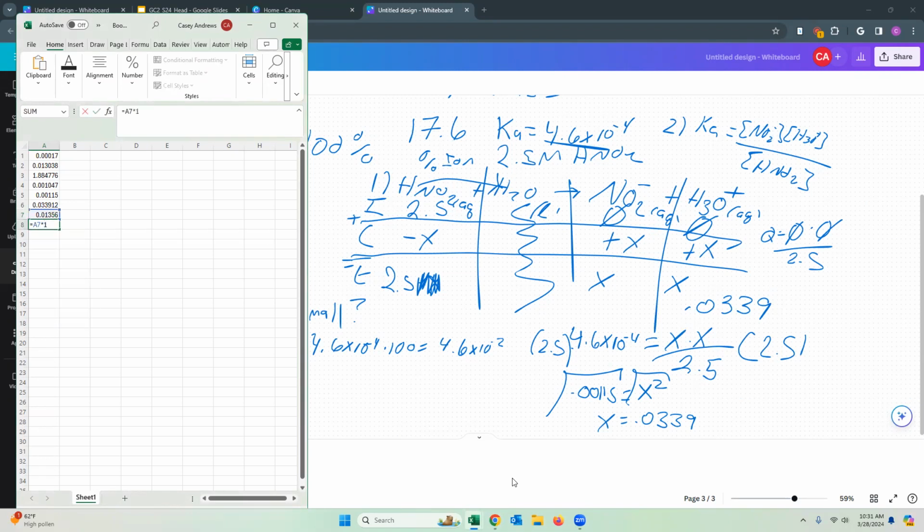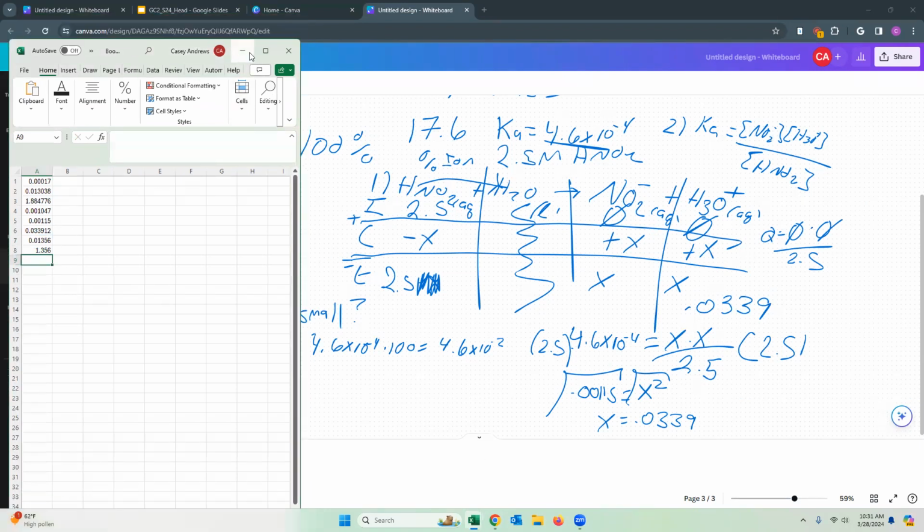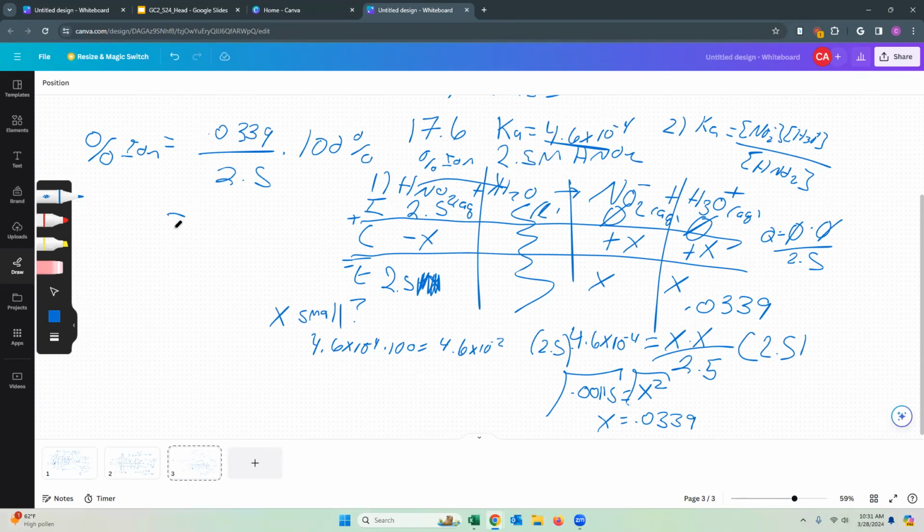Take that number times 100, and our percent ionization is 1.36%. What this means is that of all of our starting acid molecules, only 1.36% lost their proton, right? So that's what it means to be a weak acid.